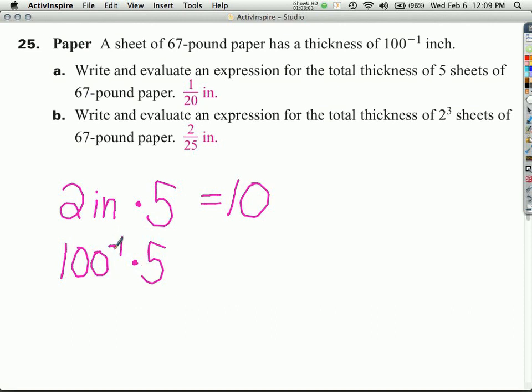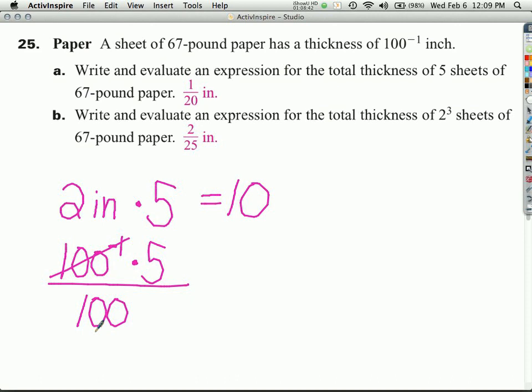What you learned was 100 to the negative first power really means that it's going to be on the bottom. So now we have 5 over 100, put it in simplest form, and you get 1 over 20. Okay? The second question, part B, was the same question, except instead of a 5, it was 2 to the third power. So now it becomes 2 to the third power over 100. Okay? Does that make sense now?